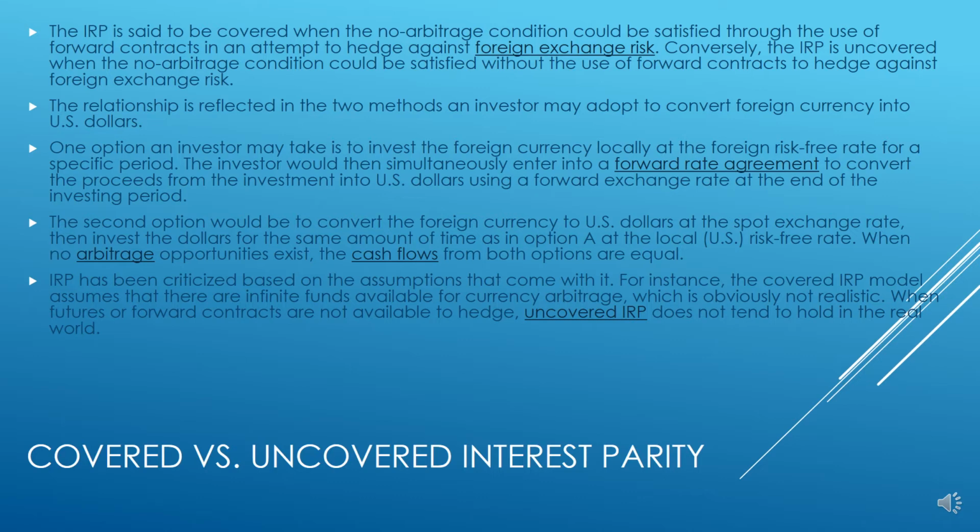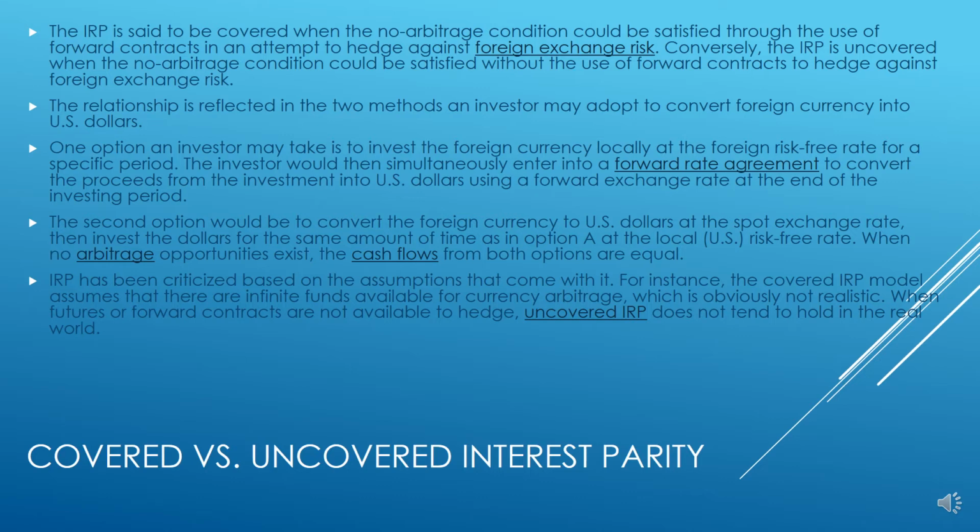The investor would then simultaneously enter into a forward agreement to convert the proceeds from the investment into US dollars using a foreign exchange rate at the end of the investing period.